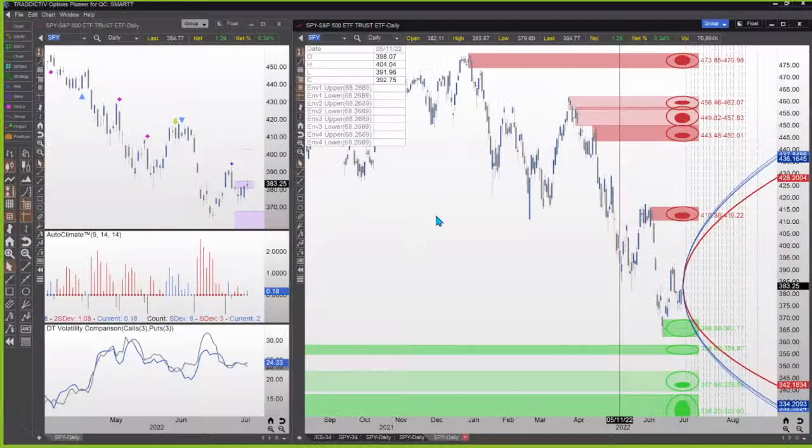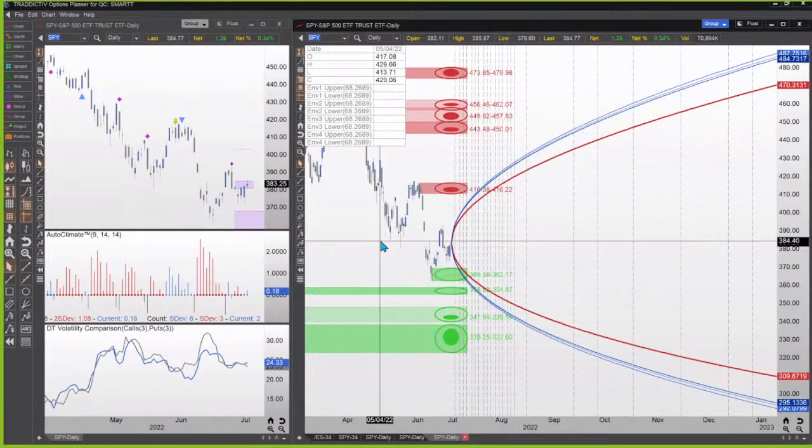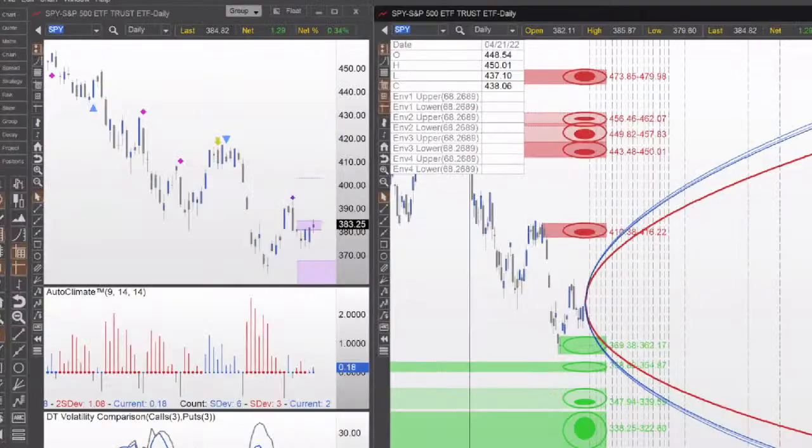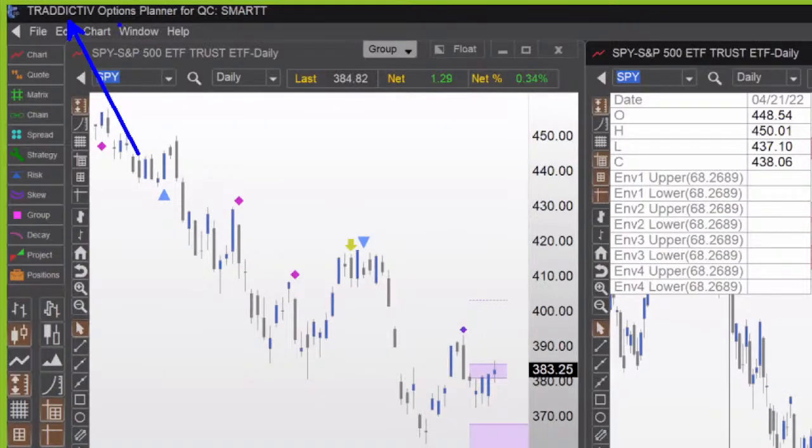Okay, so here are the real-time markets, and here is SPY, the S&P 500 ETF. So notice what I've got here. I've got the probability cone. By the way, in case you are wondering, I'm using TOP, the Tradictive Options Planner. It is our options planner that builds options trades for you automatically.